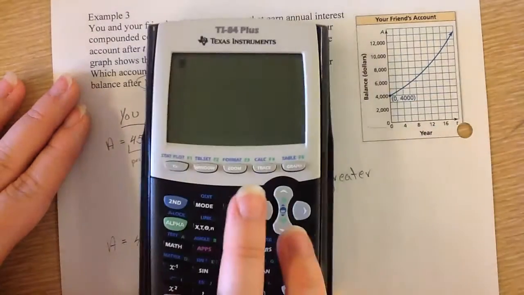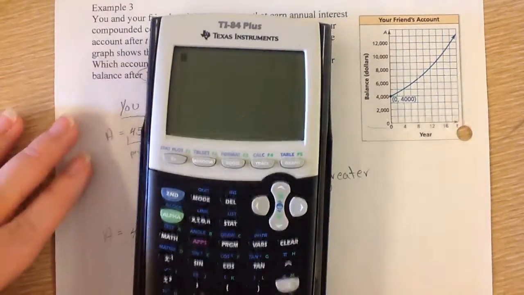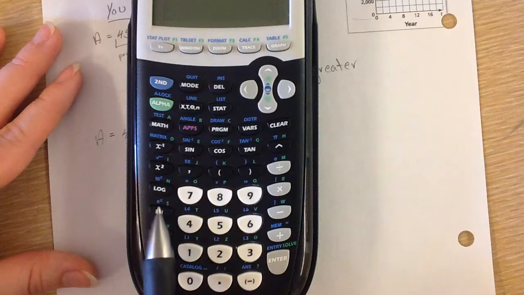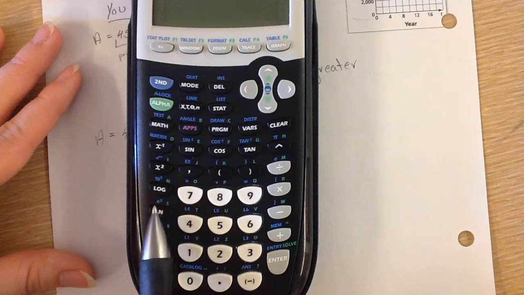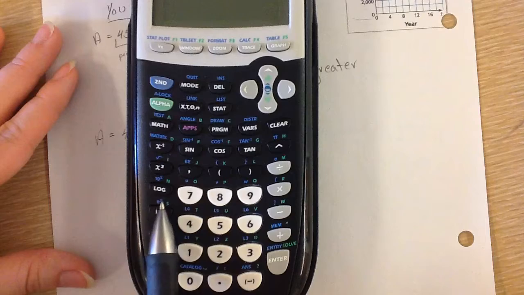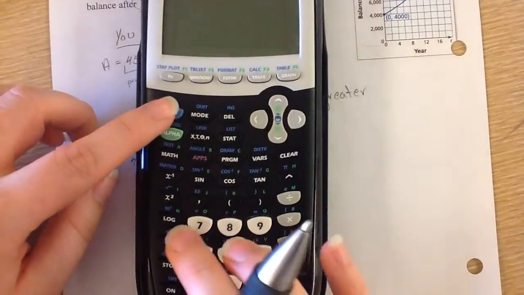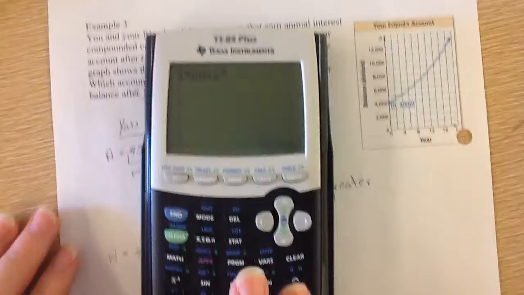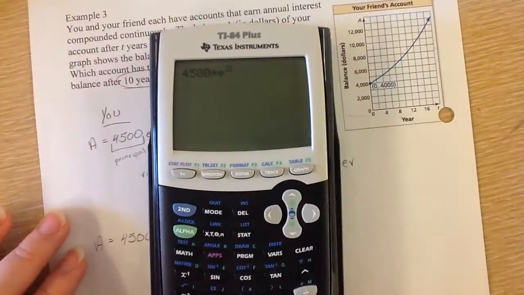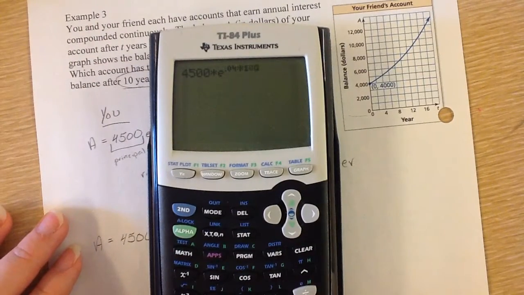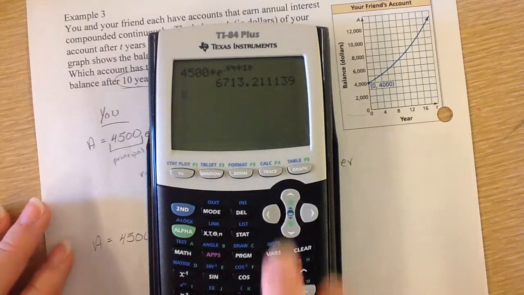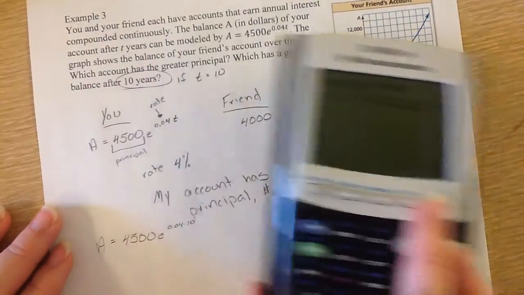There's actually an e button on your calculator, located right here, a little blue. Since it's used so often as a base, it's an e to the x, so it's automatically an exponent. I'd go second, that button, e to the, then 0.04 times 10. So I would have a balance of $6,713.21.